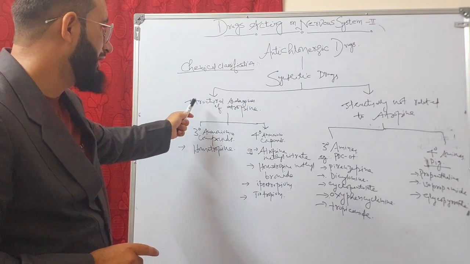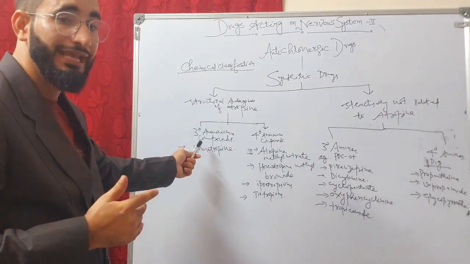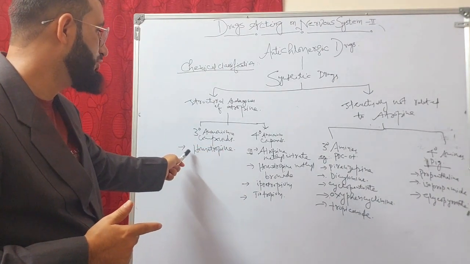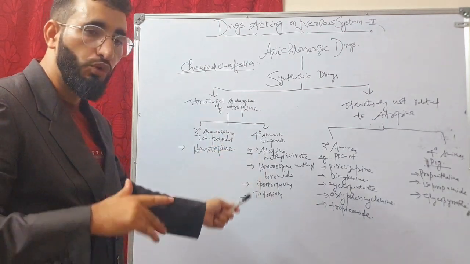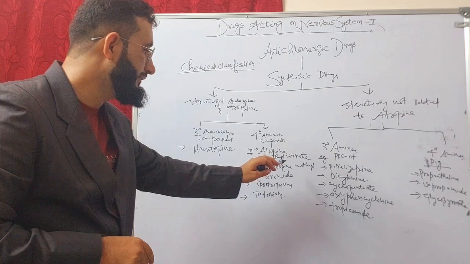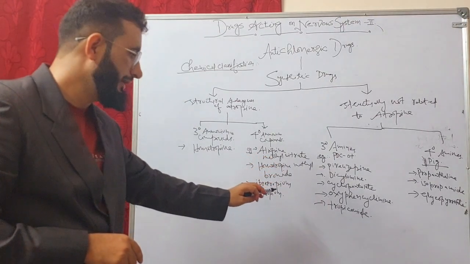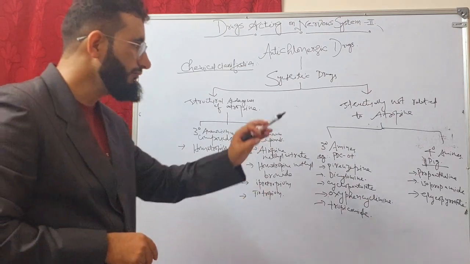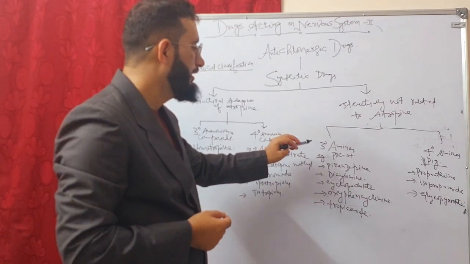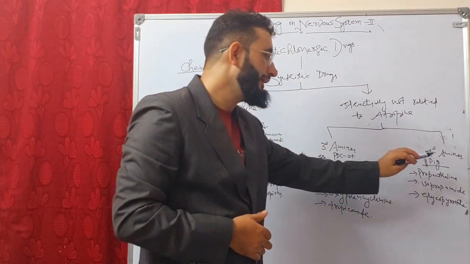Structural analogues of atropine are further subdivided into tertiary ammonium compounds. The example under this class is homatropine, and under quaternary ammonium compounds, the examples are atropine methyl nitrate, homatropine methyl bromide, ipratropium, and tiotropium. And the class that is structurally not related to atropine is further subdivided into tertiary amines and quaternary amines.